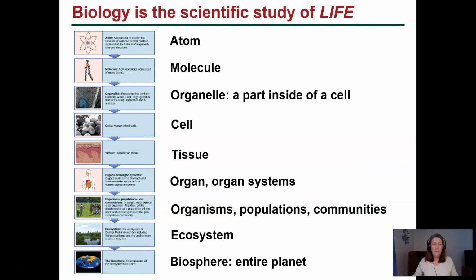So if we look at how your book breaks these down, there is this picture in your book. It starts with an atom, moves to a molecule, an organelle. This is going to be a part inside of a cell. Then we have cells. We are going to cover all 4 of these in the first few chapters. We do not cover tissues, organs, organ systems.